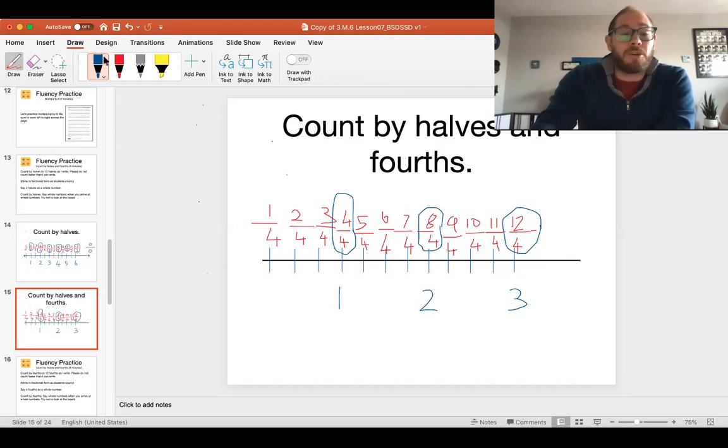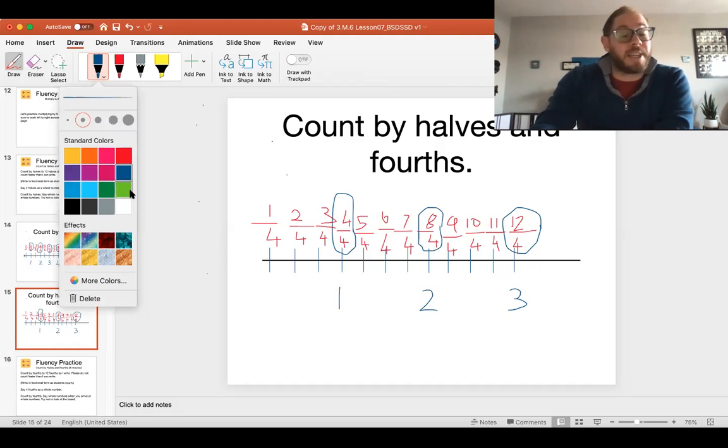Now what we're going to do is make this a little bit trickier, because I know we're the smartest grade 3s, and we're going to be counting by halves on our number line. All right, remember though, we already know where our wholes are, right?